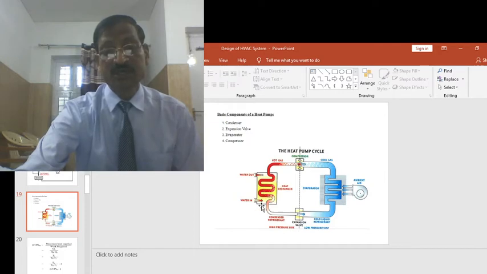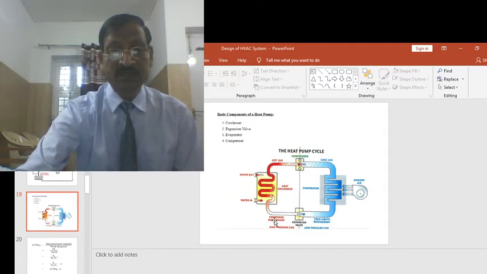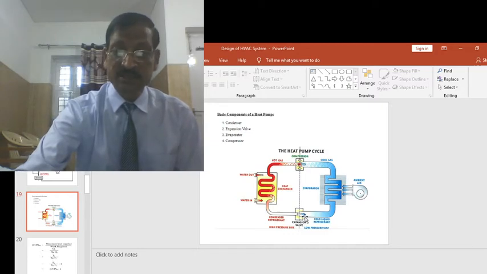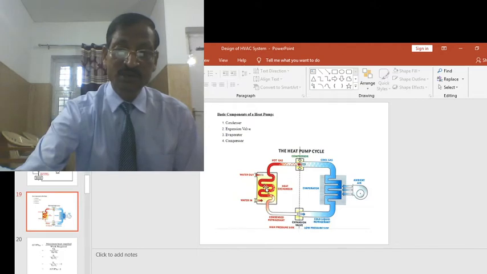The water circulates, gets hot and goes to the area which is to be heated. And this refrigerant comes to the evaporator, takes heat and goes to the evaporator. Then this water blower is running. Then again the refrigerant comes to the compressor, and again goes to the coils and then the evaporator.